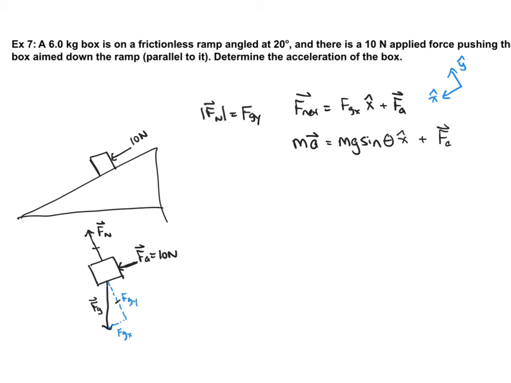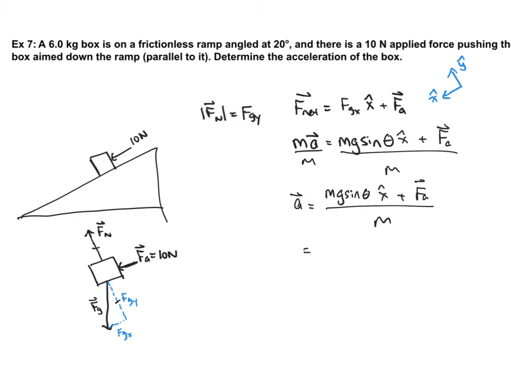Basically, to get the acceleration, I'm going to divide everything by the mass. Divide both sides by mass to cancel out that mass. So it'll be g sine theta in the x direction plus the applied force divided by the mass.